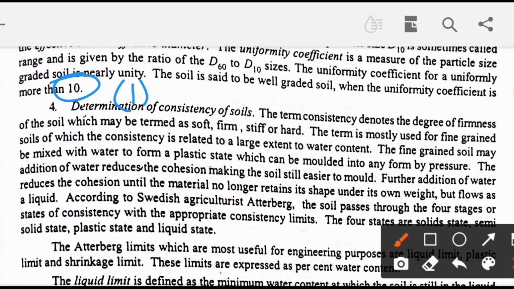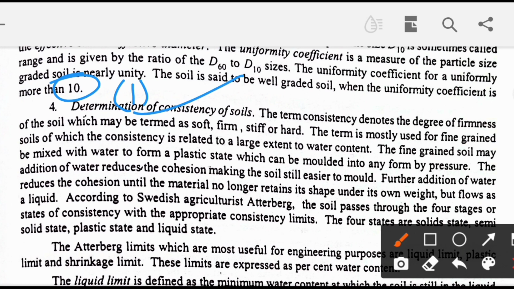Determination of consistency of soils. Very important. The term consistency denotes the degree of firmness of the soil, which may be termed as soft, firm, stiff or hard.